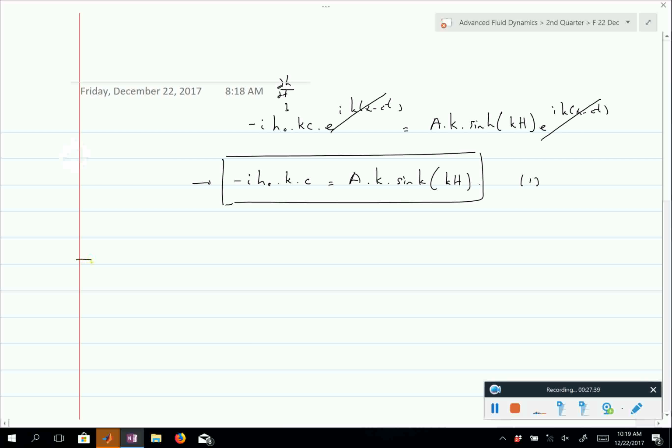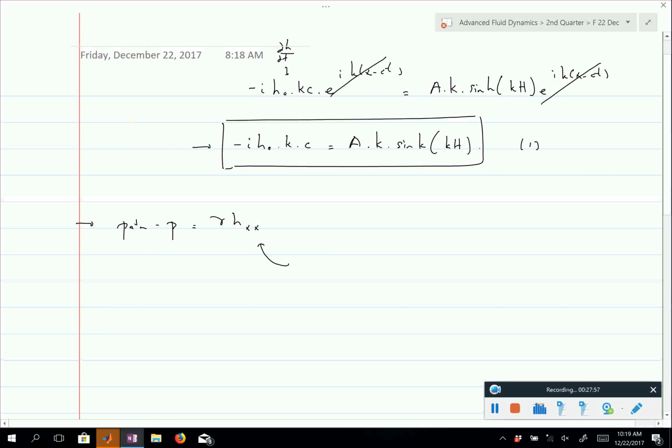Now we have to impose our second part. P atmosphere minus P is equal to gamma h_xx. Now note, I'm going to have to go really quickly here because I just have the answer, so I'll just write the answer.